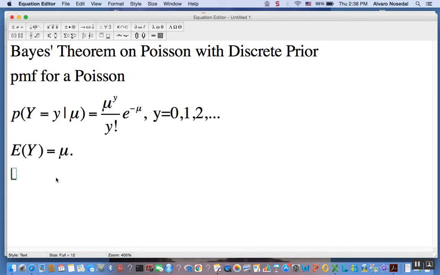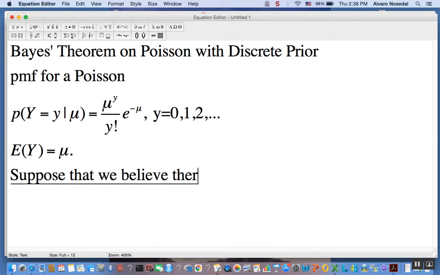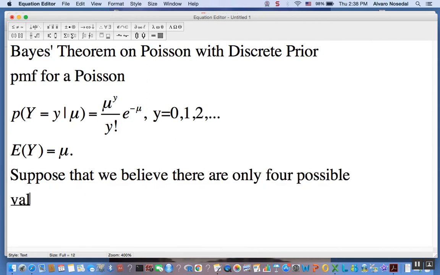Okay, so suppose that we believe there are only 4 possible values for mu. And let me write those down.